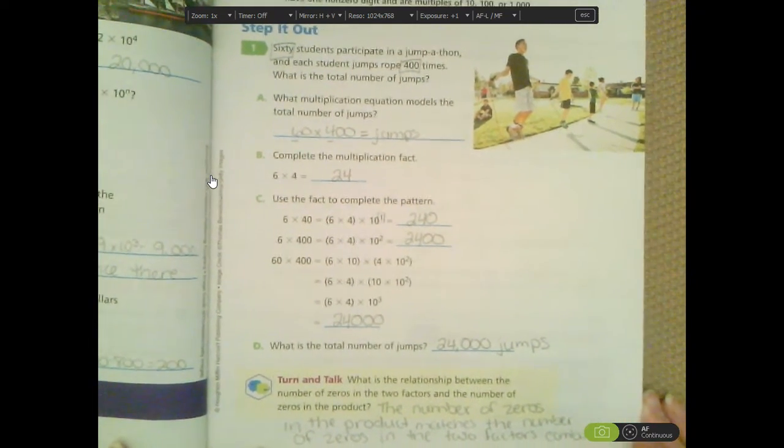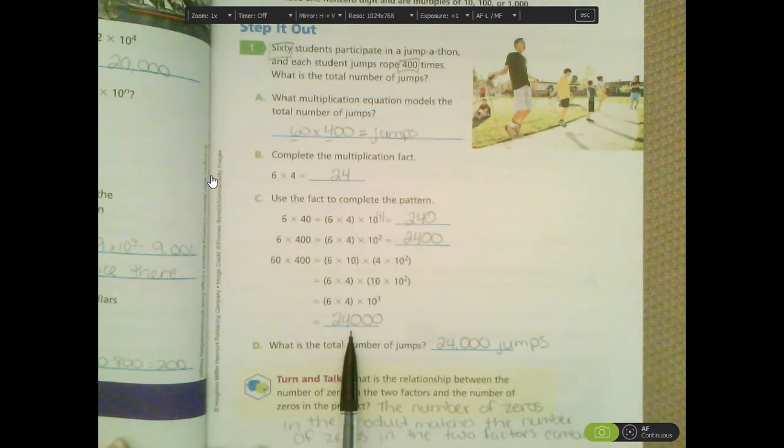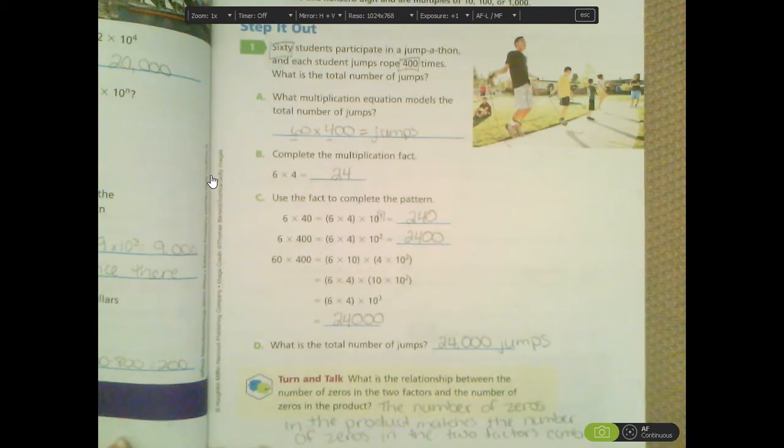What I mean by that is that here we have 60 and we have 400 and we have 24,000. So we have 1, 2, 3 zeros. And in my answer, 1, 2, 3 zeros.